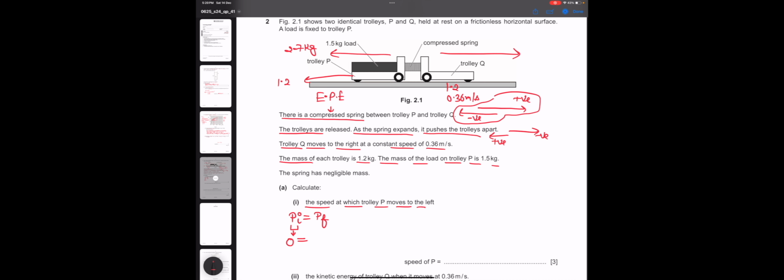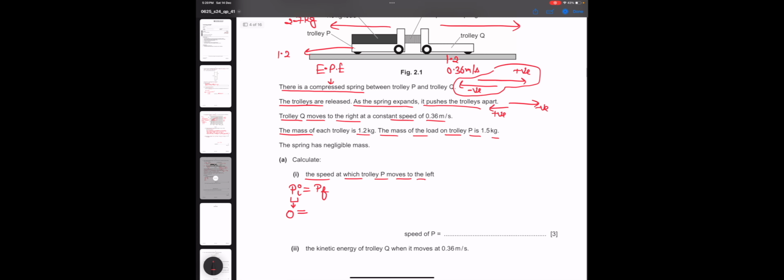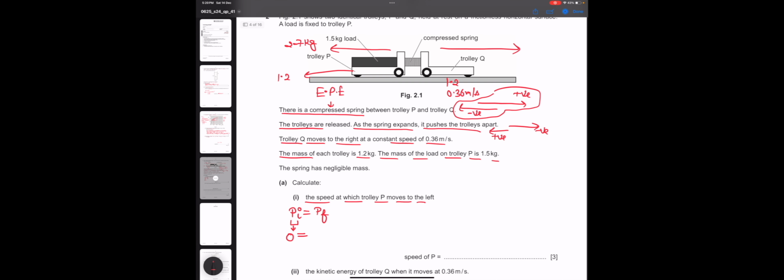Alright, now which one is going towards the right? The trolley Q is going. What is its momentum? 1.2 times 0.36, right? Plus the combined mass of trolley P with the load is 2.7, but now its velocity will be in the opposite direction.